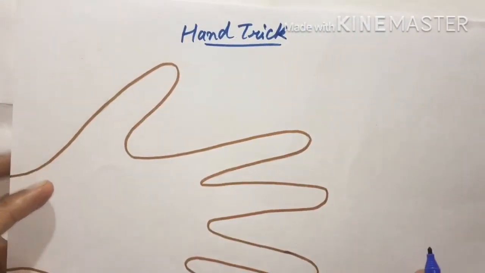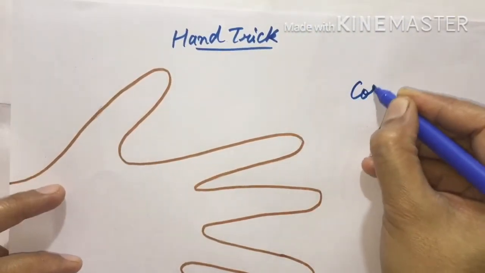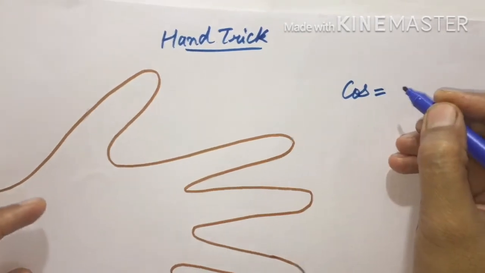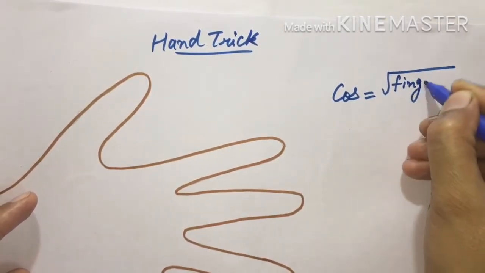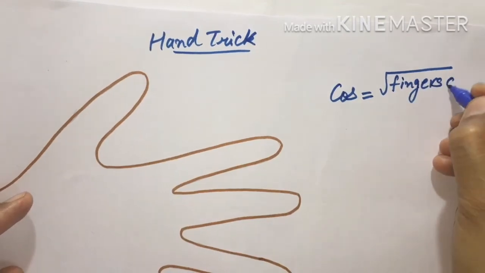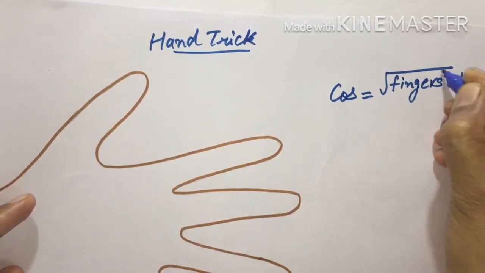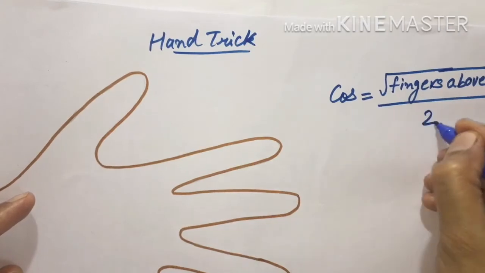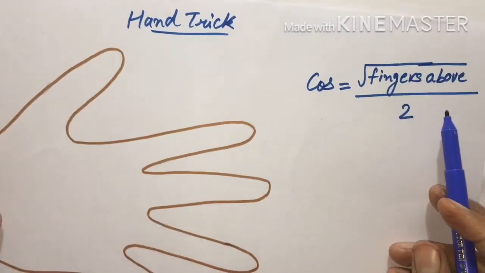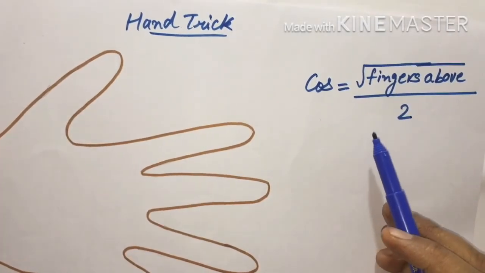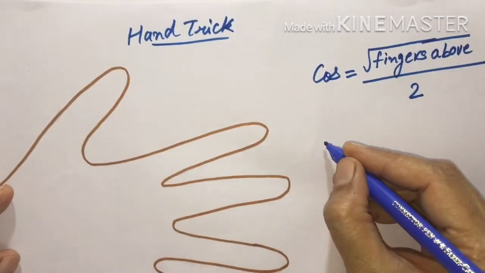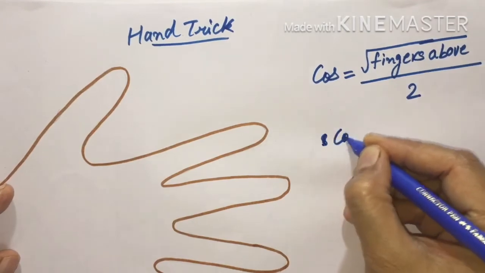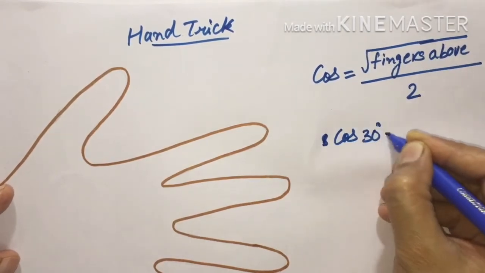Now to find out the trigonometric ratio cos, what is the formula for that? For this we will do fingers above upon 2. We did fingers below in the case of sine, and for cos we will take fingers above upon 2. So again I am going to take cos 30 degree.